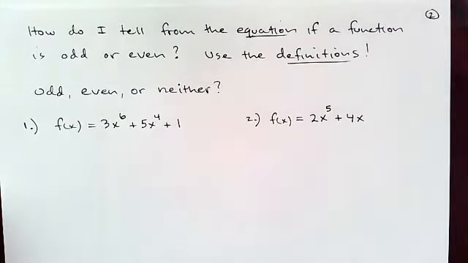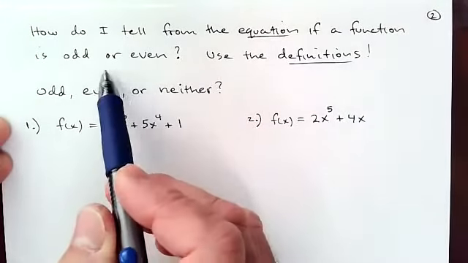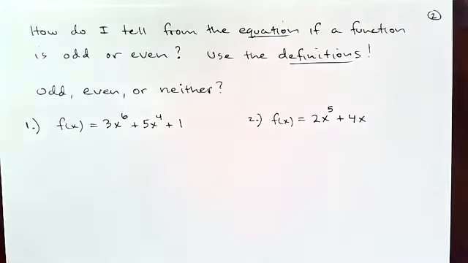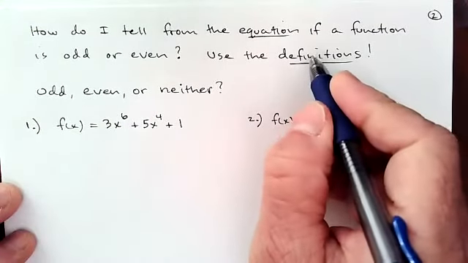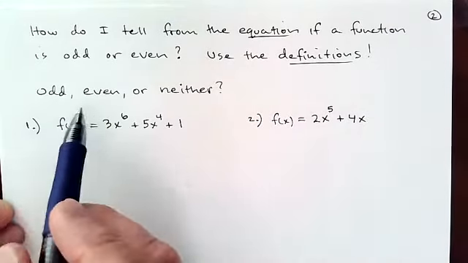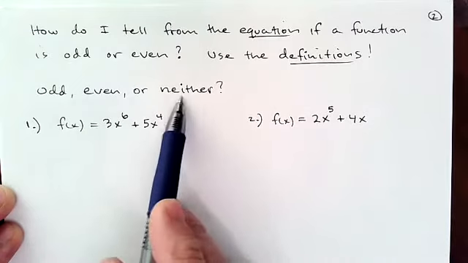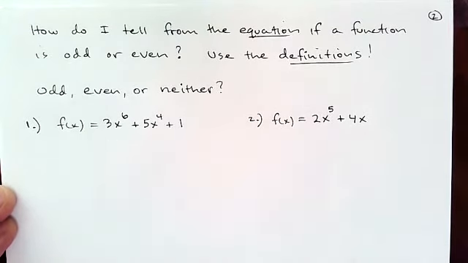How is it possible to know if an equation of a function is odd or even without the graph? And the answer is you can use the definitions of an even and an odd function. So for these problems, we're going to decide if these functions are odd, even, or, as I said, neither.